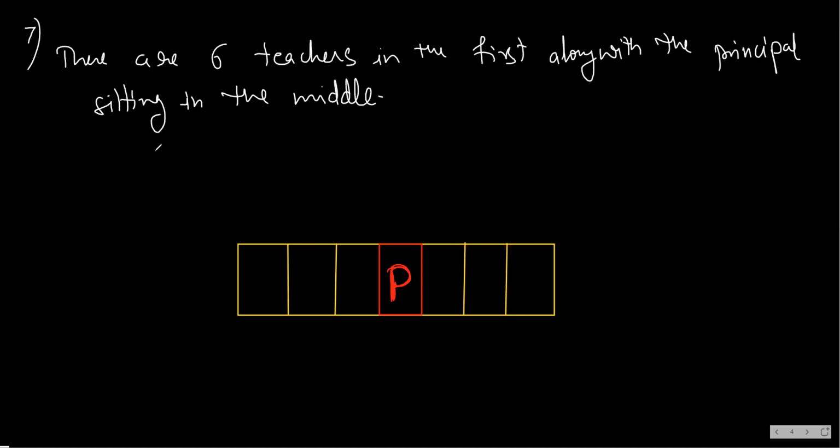So 6 teachers can be arranged amongst themselves in 6P6, that is 6 factorial ways. Remember, these are all different teachers. This is one arrangement: T1, T2, T3, principal, T4, T5, T6. It can be T1, T2, T3, principal, T4, T6, T5, and you understand what I'm saying.